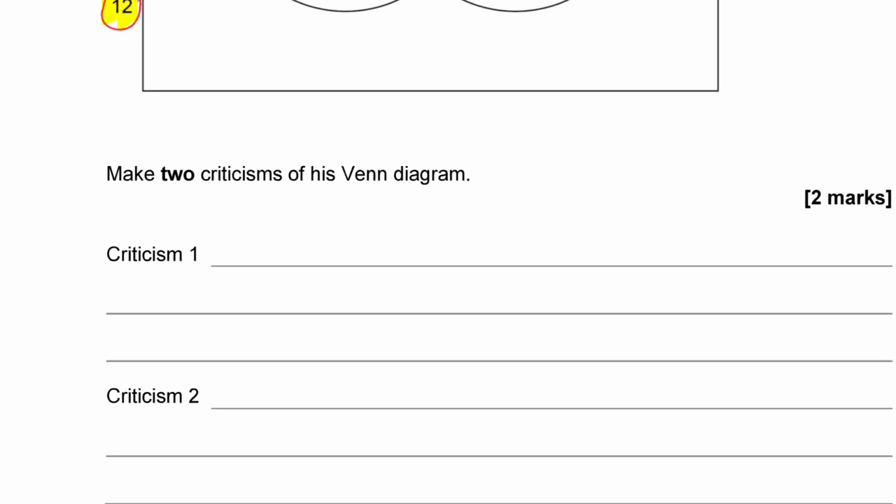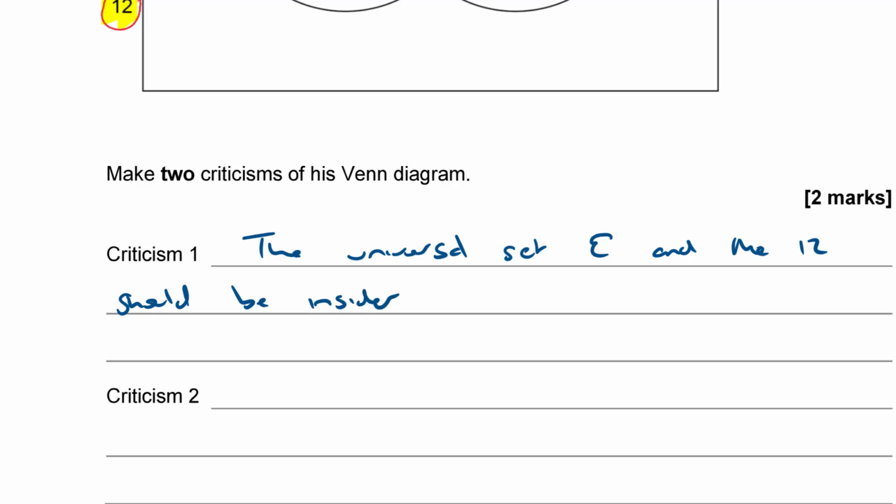So I'm going to say firstly, the universal set, which is the squiggly E, and the 12 should be inside the rectangle, not outside.